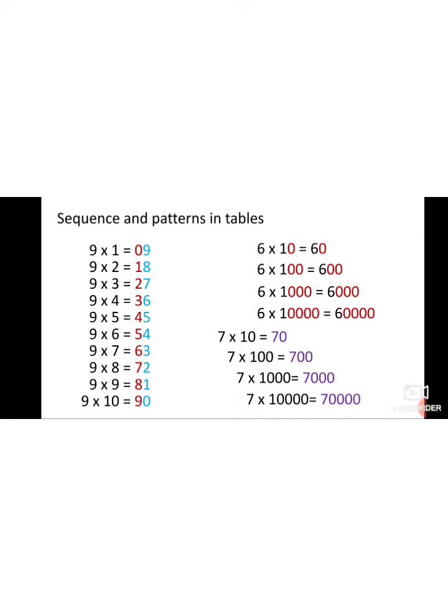If you understand that sequence, next time when anybody asks you to multiply any number by any of the tens, you will know that all you have to do is put the number and add the number of zeros and you get the answer. Same way with 7 tens are 70, 7 hundreds are 700, 7 thousands 7,000. 7 into 10,000, 70,000.